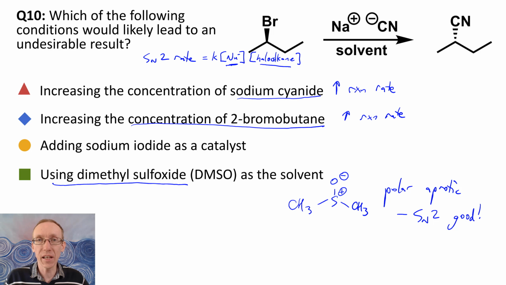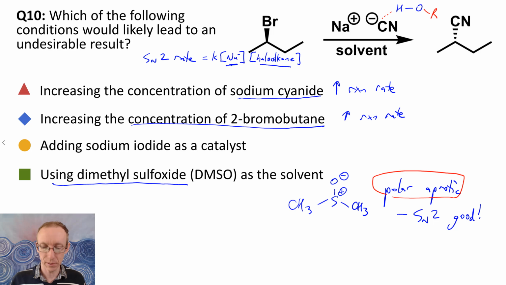So we don't favor the SN1, because to favor the SN1, we really want to get that leaving group to go before anything else happens. And if we had a protic solvent, with OH groups like this, then we can get interactions between those hydrogen bond donors and the nucleophile, and that can make the nucleophile less reactive. So overall, polar aprotic solvents are good for SN2 reactions.